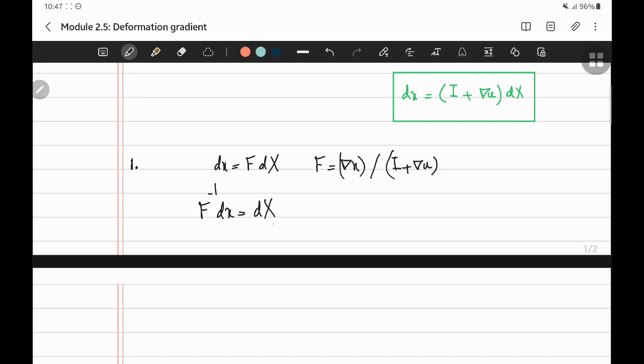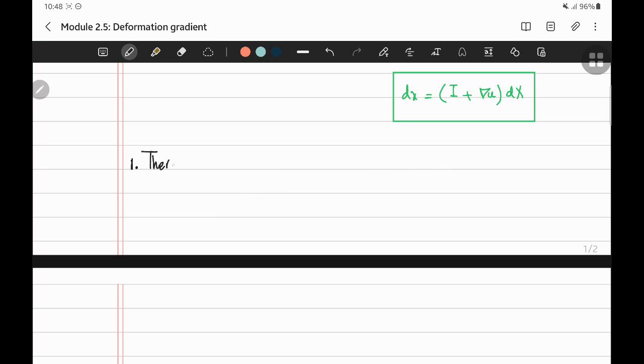So you can move from your reference configuration to the current, and also from the current to the reference configuration. This is the first one. So I can write it as this.